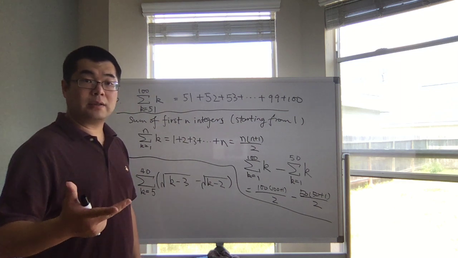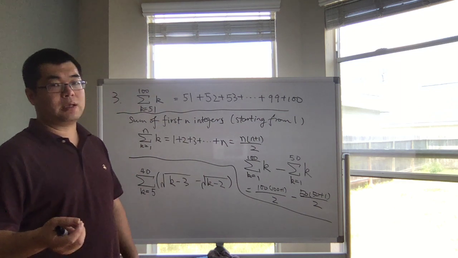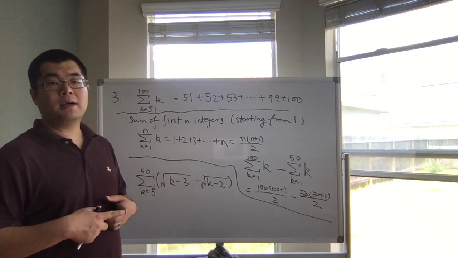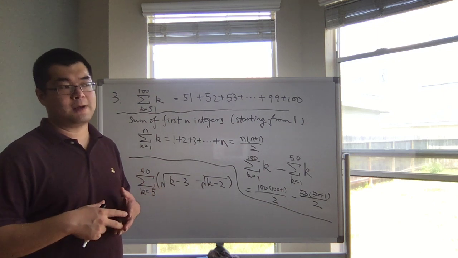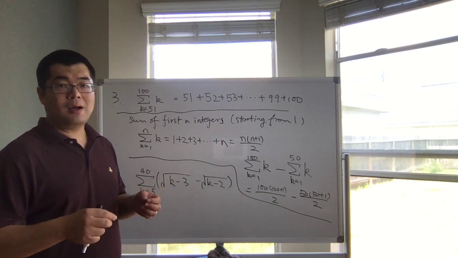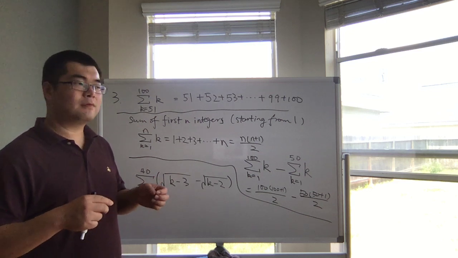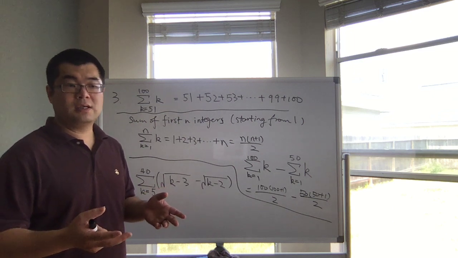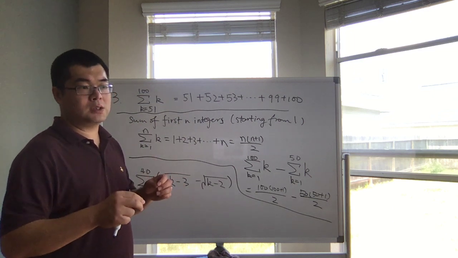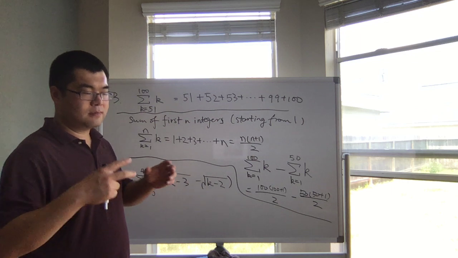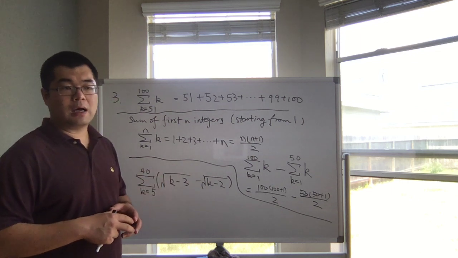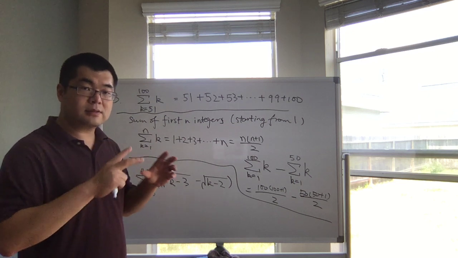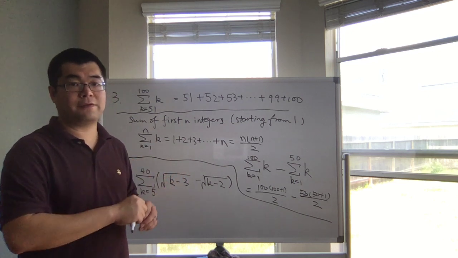Later on in calculus 3, if you have a sequence problem, and similarly if there is a radical involved, often there are a lot of cancellations. So do not rush to calculate the decimal value for the radical. Let's list them out and see the pattern first.